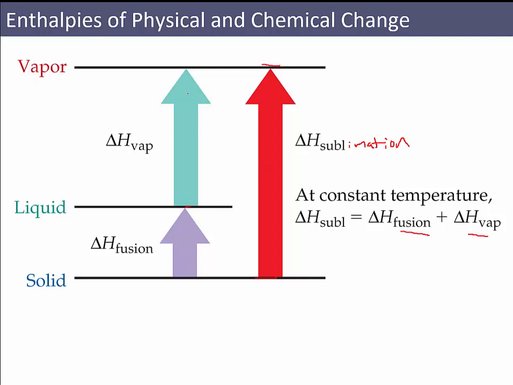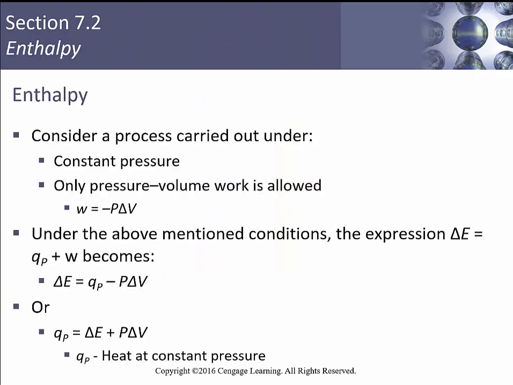Okay. So let's consider a process carried out under constant pressure where only pressure-volume work is allowed. Under the above mentioned conditions, the expression delta E is equal to Q plus W becomes delta E is equal to Q minus PdV, or our Q, or heat at constant pressure, is equal to our energy change plus PdV.